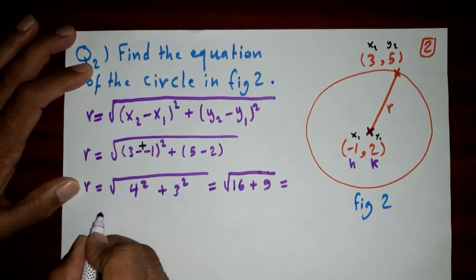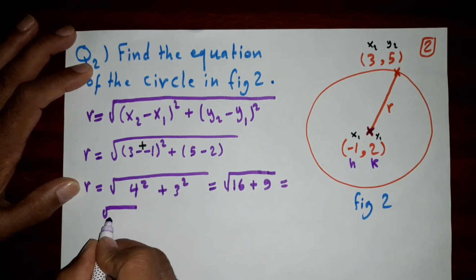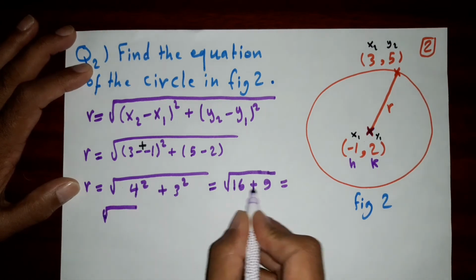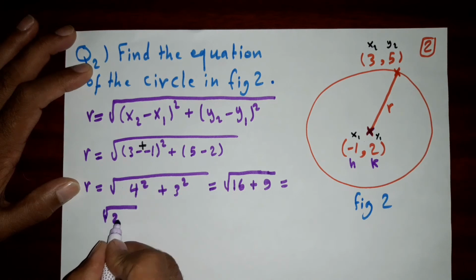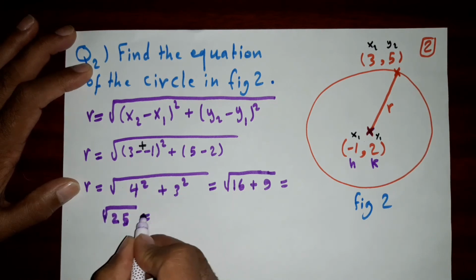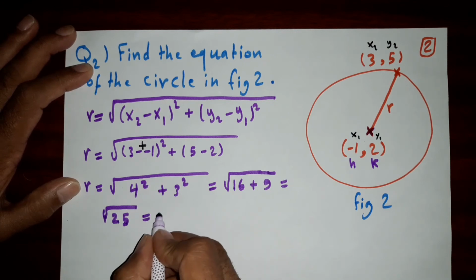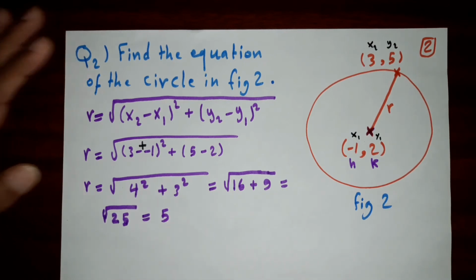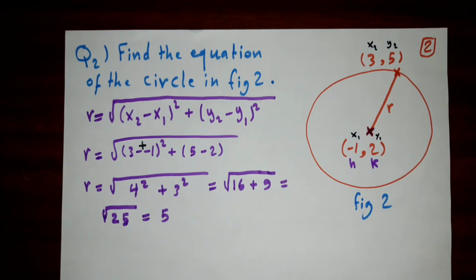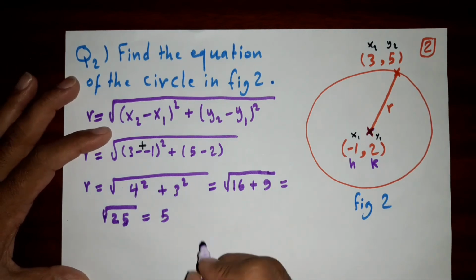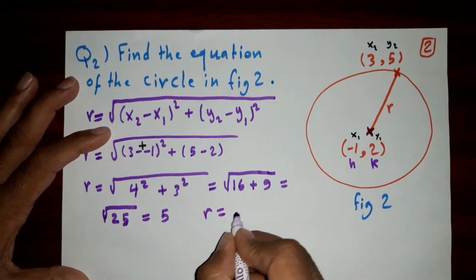And equal the square root of 16 plus 9 is 25. And the square root of 25 is 5. Here we find the radius. The radius is 5. R equal 5.